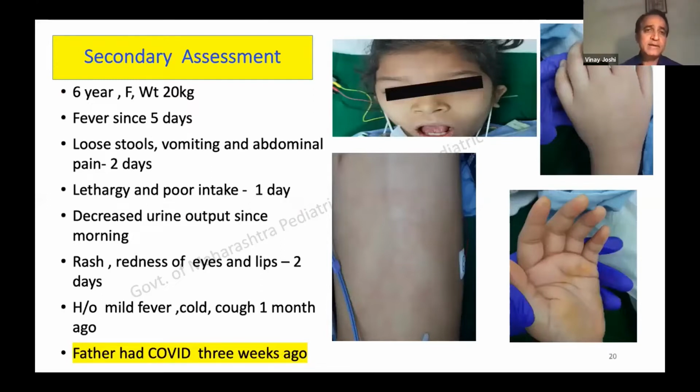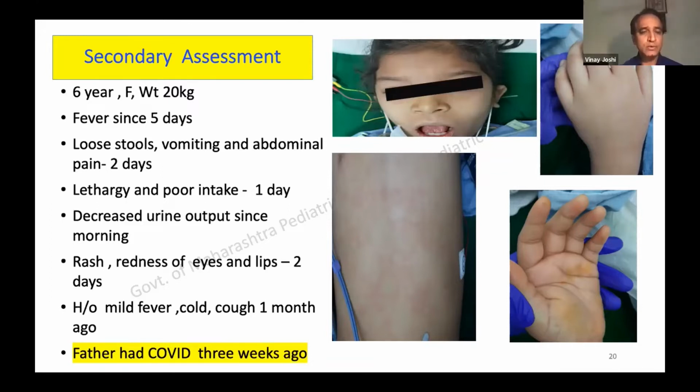On secondary assessment, that is SAMPLE history and focused examination, we found a 6-year-old girl weighing 20 kilos, with history of fever since 5 days, loose stools, vomiting, and abdominal pain for 2 days, lethargy and poor intake since 1 day, and decreased urine output since morning of admission.